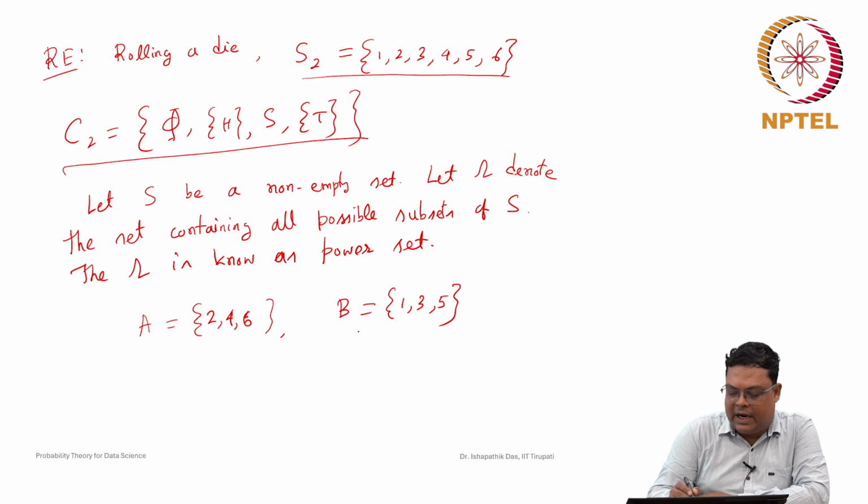So you can see that. Now we want to find a sigma field generated by some collection of subsets.